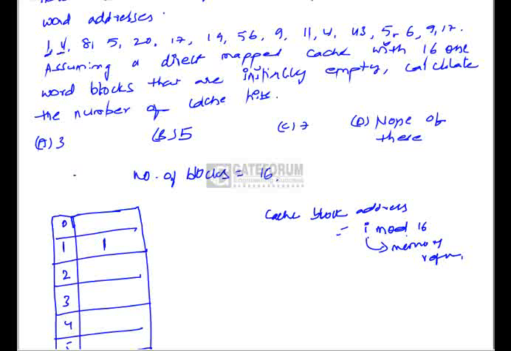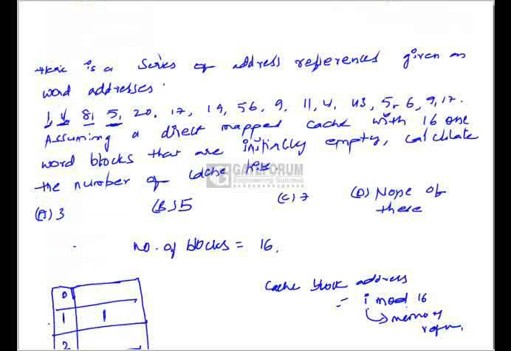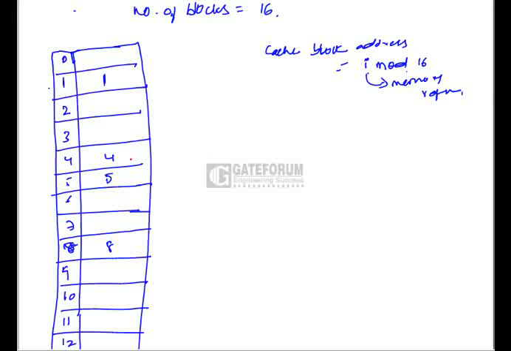Now 4, initially all the cache blocks are empty, so for 1 there will be a cache miss. 4 will be placed in 4 mod 16, that is 4, cache block 4. Then 8 mod 16 is 8. Now 5 is placed at 5 mod 16, which is 5.